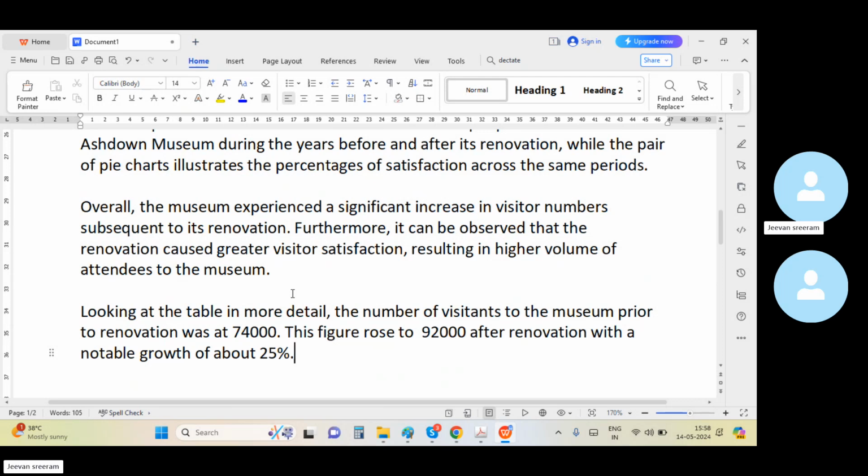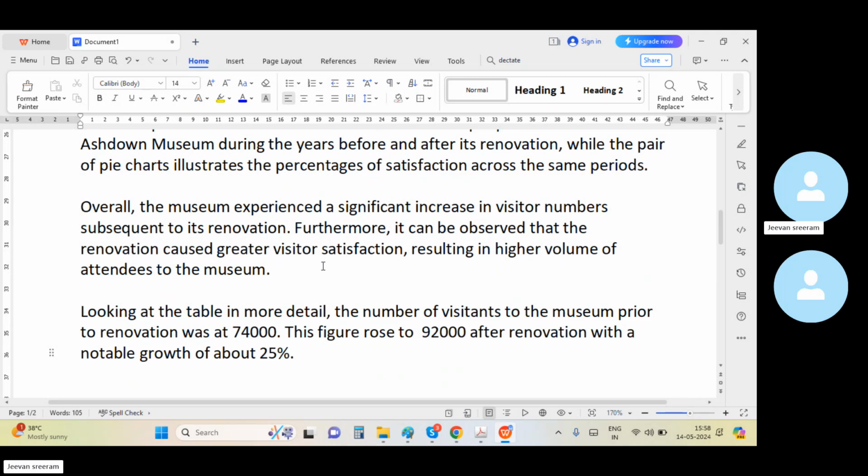So it emphasizes that the number of visitors increased after the renovation. The renovation actually caused a considerable visitor turnout at the museum.